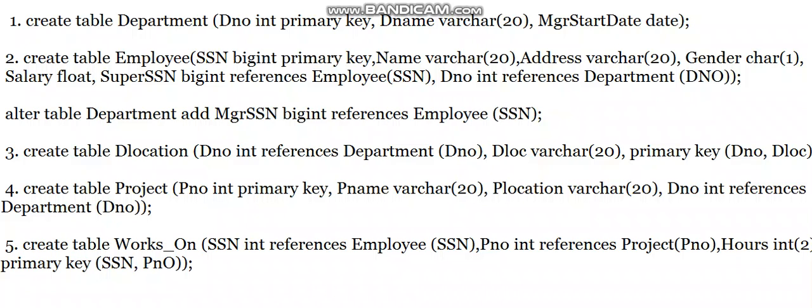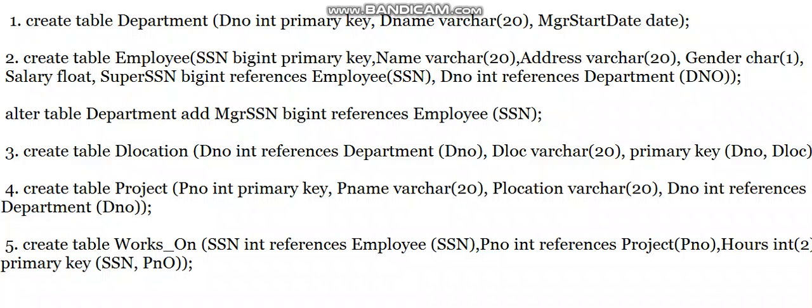So the maximum hours worked is from 0 to 99. The primary key is SSN and project number, which means the combination of SSN and project number should be unique. The same SSN and project number I have only once, so you insert it only once.